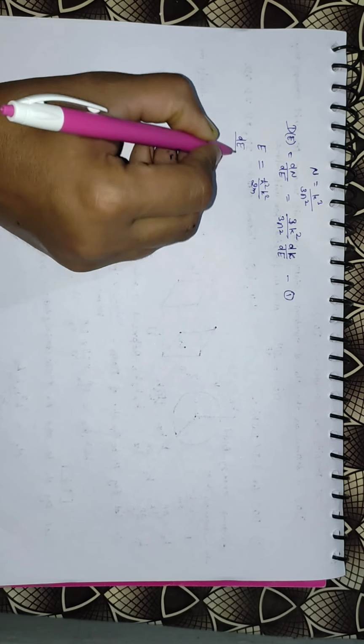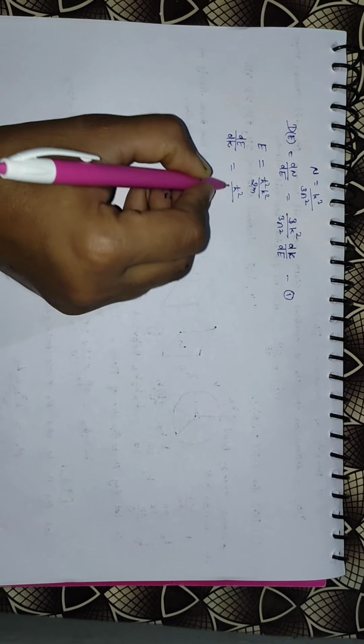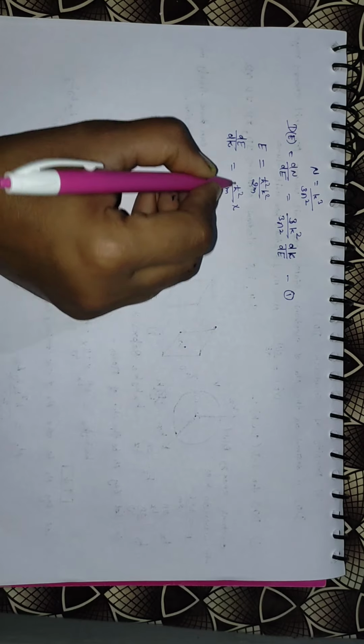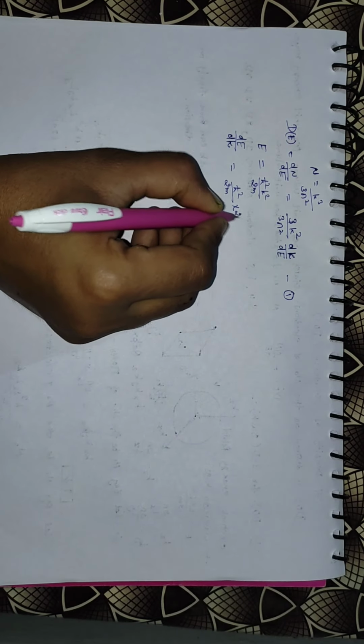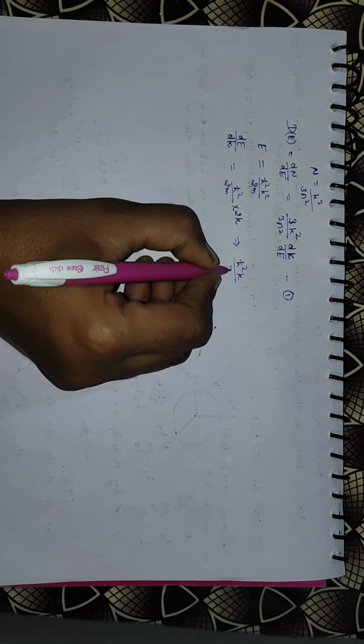From here we get dE over dk as h cut square over 2m times 2k, which after solving gives h cut square k by m.